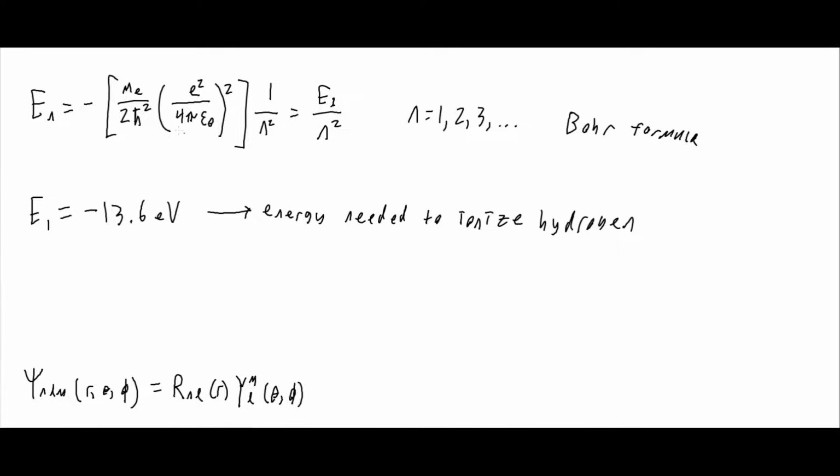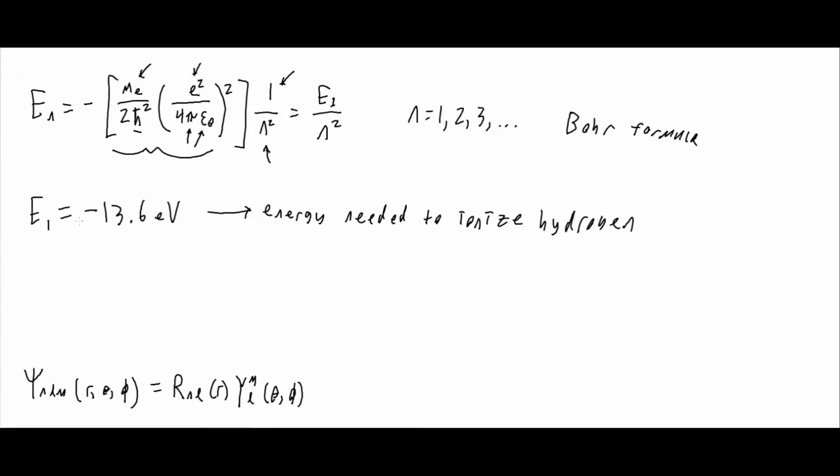We can see that if we put a 1 in for this n here, and then substitute the known constants in this part here: the Planck constant, the mass of an electron, the charge of an electron, pi, and the permittivity of free space. This part just becomes 1, and all we're doing is putting in these constants.